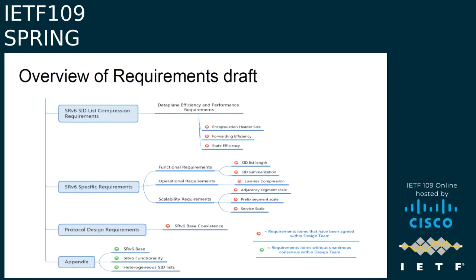In the figure, the items with the red flag are those which we have agreed. The ones with the green flag are those without unanimous consensus within the design team. Next page.